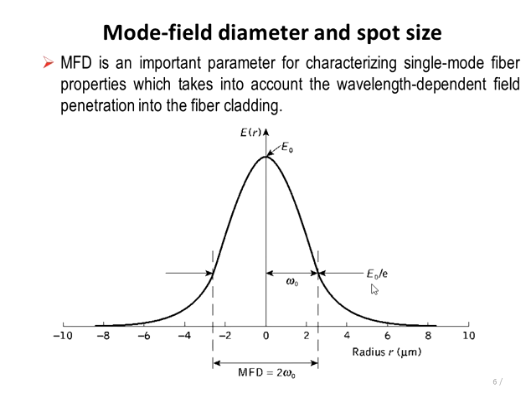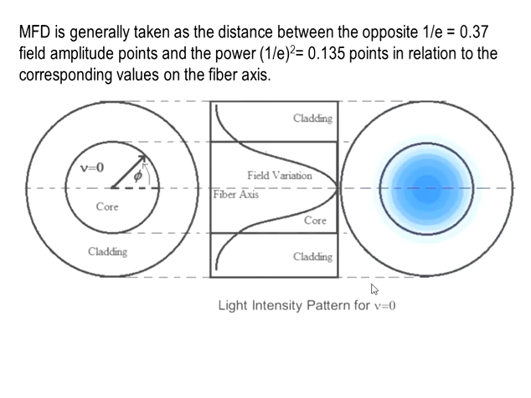For single mode fibers operating near cutoff wavelength lambda c, the field can be approximated by a Gaussian distribution. Then this mode field diameter is given by the 1 by e square width of the optical power.